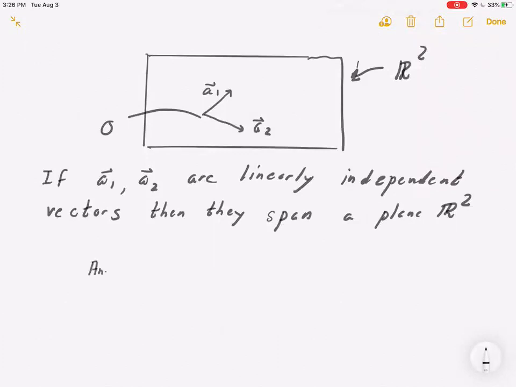So any point in this plane can be rewritten as a linear combination of A1 and A2, where the coefficients we'll call x of 1 and x of 2.